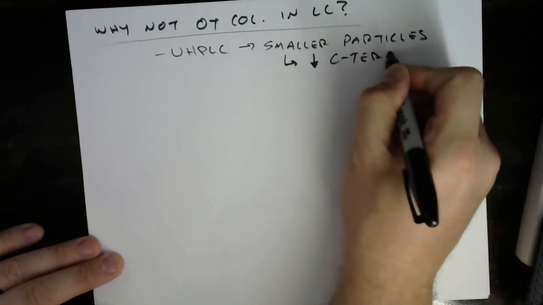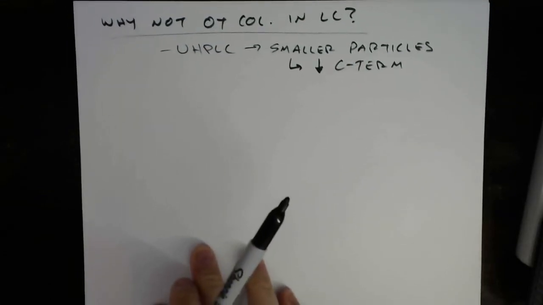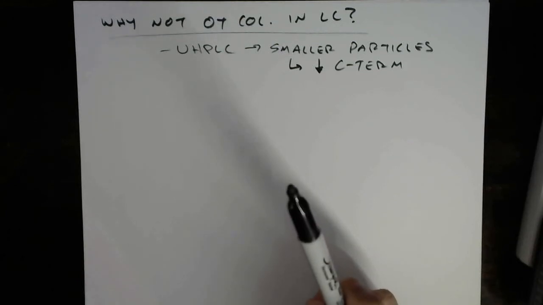This worked because the smaller the particles, basically the more surface area there was, the more tightly packed they were, and the smaller distance any molecule needed to diffuse before it saw some stationary phase. That turned out to be really good for getting high quality resolutions, reducing the C term of our Van Deemter.